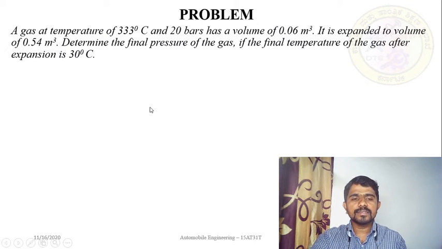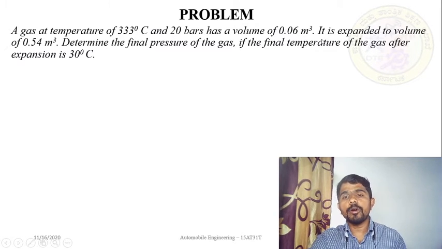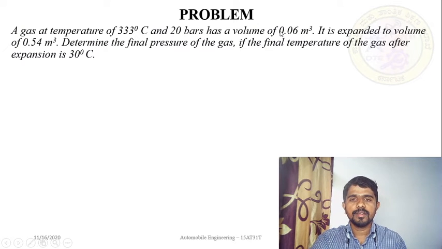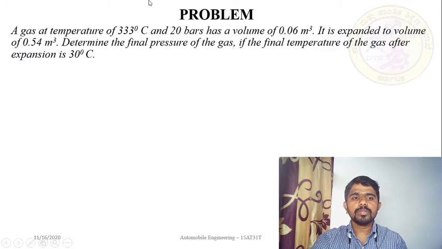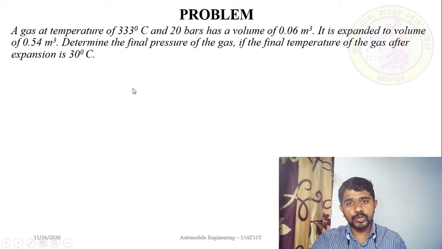A gas at a temperature of 333 degrees centigrade and 20 bar has a volume of 0.06 meter cube. It is expanded to a volume of 0.54 meter cube.